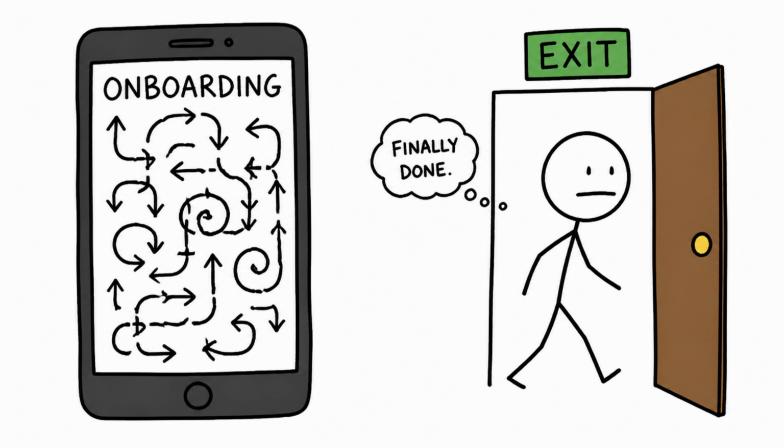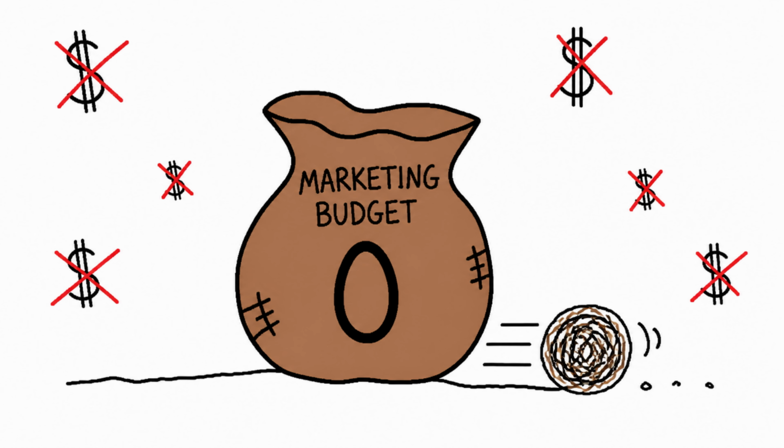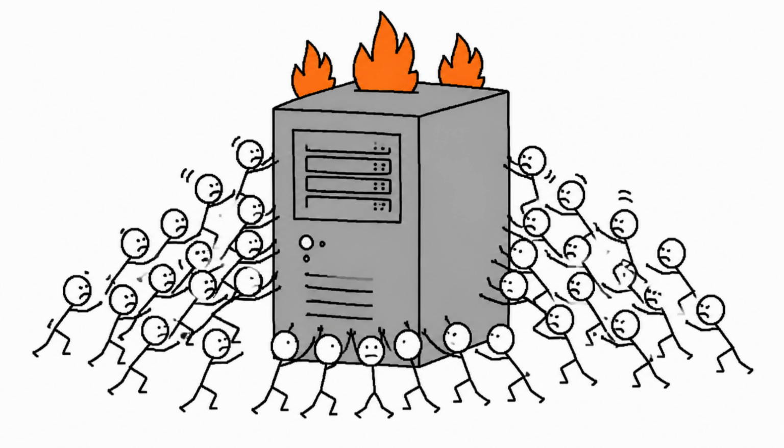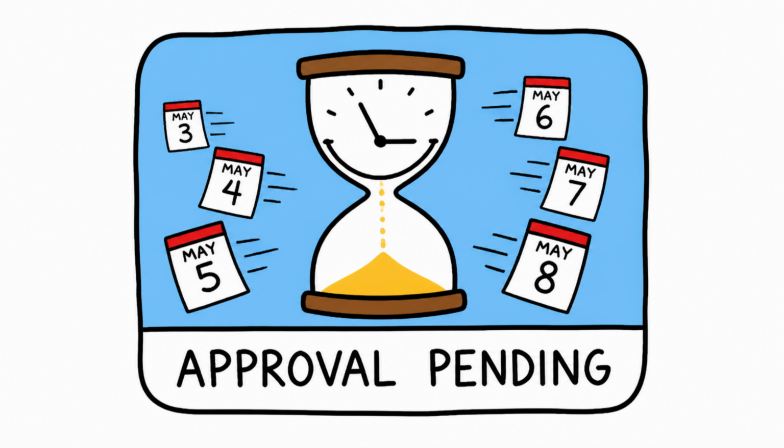Suddenly, answers start pouring out. Maybe the onboarding was too confusing and users dropped off in the first minute. Maybe the marketing budget ran out before the app gained traction. Maybe a competitor launched a similar feature first. Maybe the servers crashed under real-world traffic that testing never simulated. Maybe the team underestimated how long approval from an app store would take. None of these are guesses about the future.